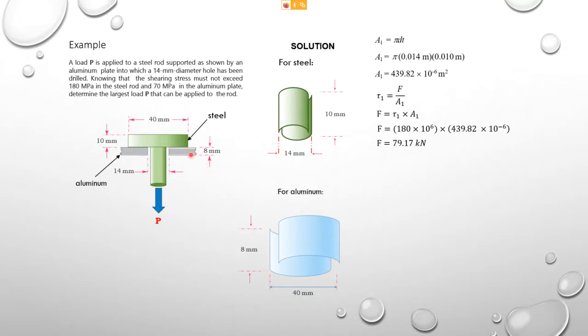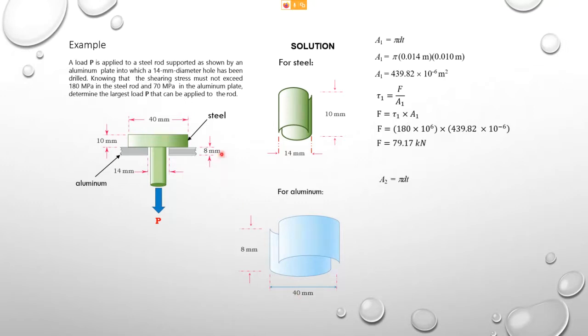So if this is a weaker material, the internal surface area that is being sheared will be this. So the area is pi dt. The d here is the diameter of the aluminium, this part here. So it will be removed.